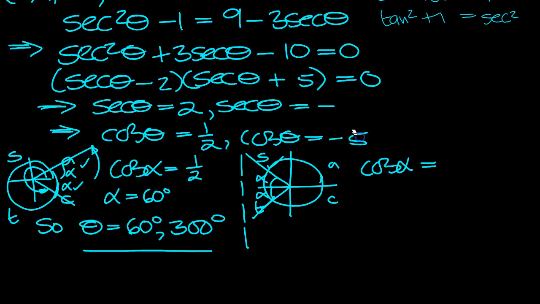I'll get it right in a minute. So this would be minus 5, and this would be a fifth. So cosine, I dropped the negative, so I was just worrying about that. Sec theta is minus 5 here, and so cos theta is minus 1/5. So alpha is inverse cos of a fifth.